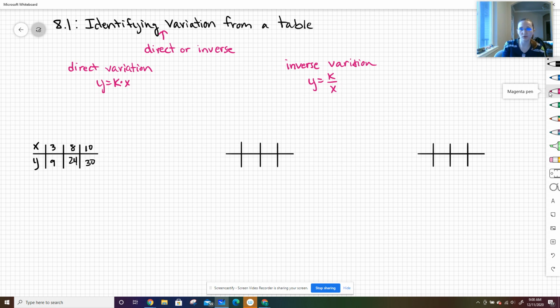So the trick here is all about how is our table growing? What is our rate? We need to be able to identify rate and how the table is changing.